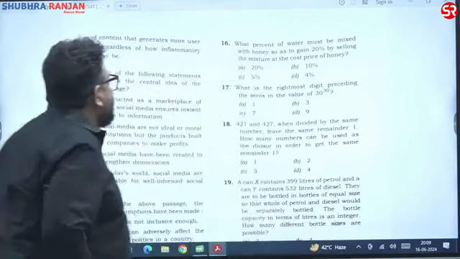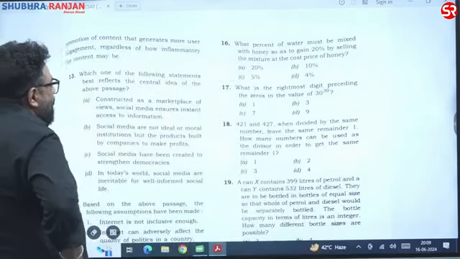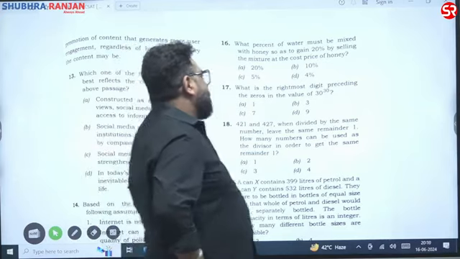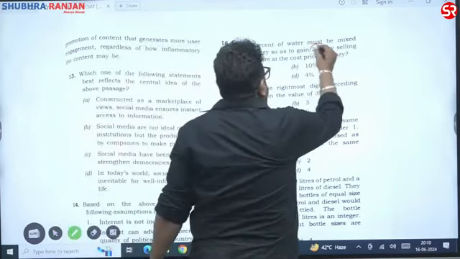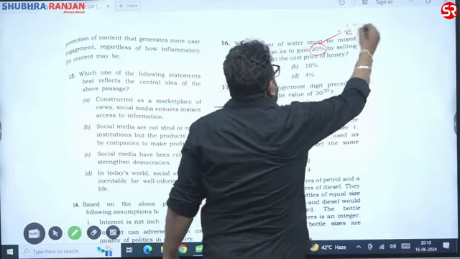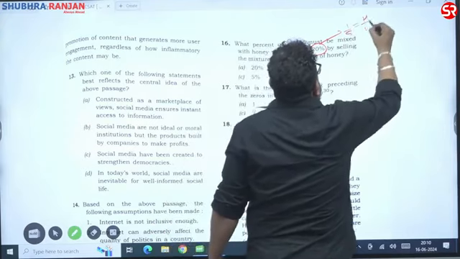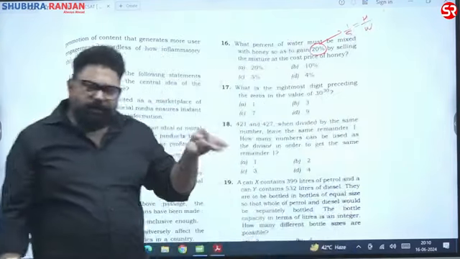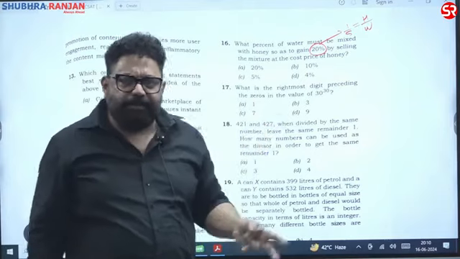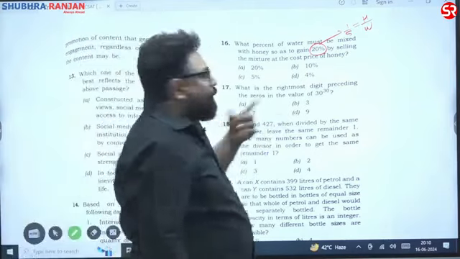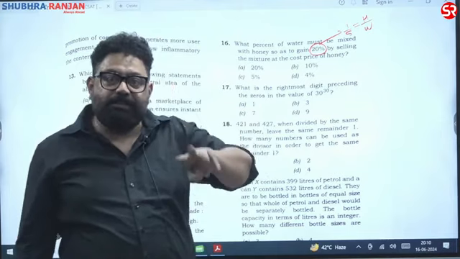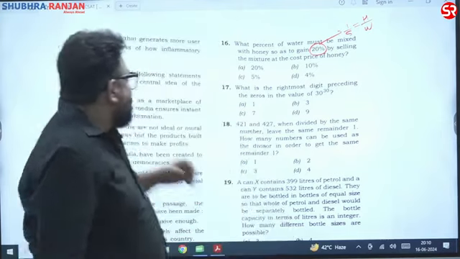So what will you do? What is the percentage of water that must be mixed with honey so as to gain 20%? You know one thing. I said 20% is what? 1/5. So honey is to water would be 1/5. If you go back to the classes, you know we have done it. And by selling the mixture at the cost price, the keyword was selling the mixture at the cost price, right? So 1/5.